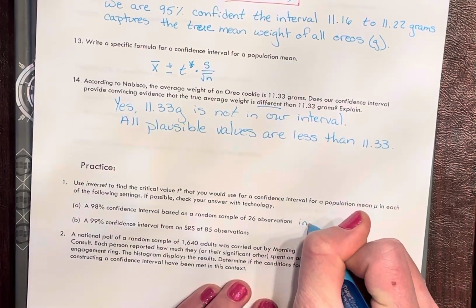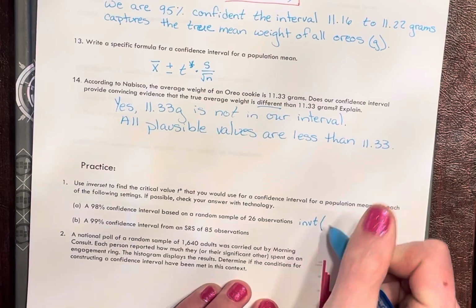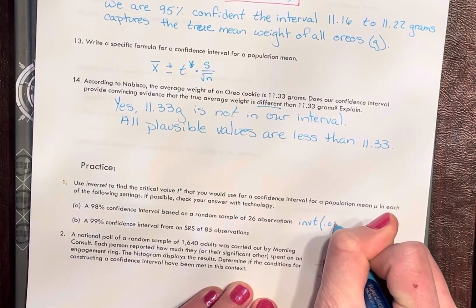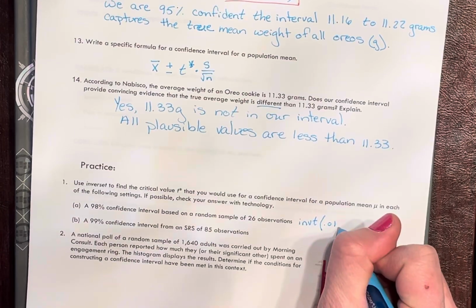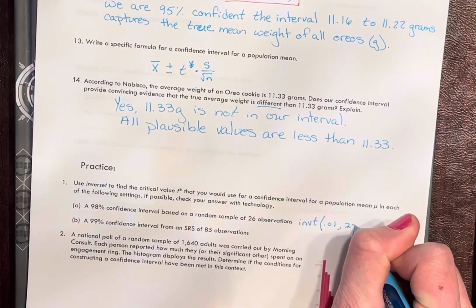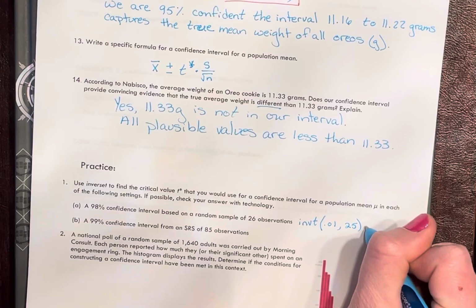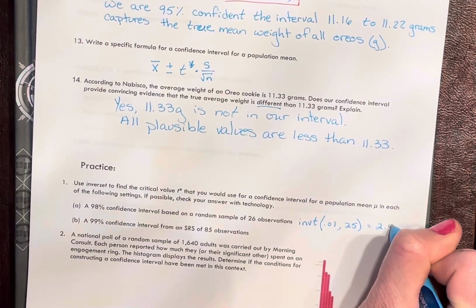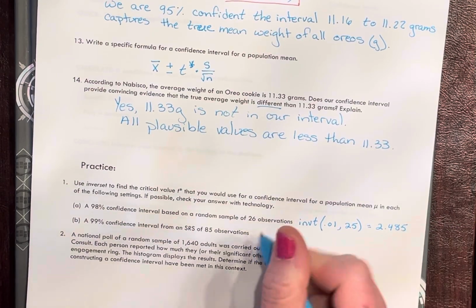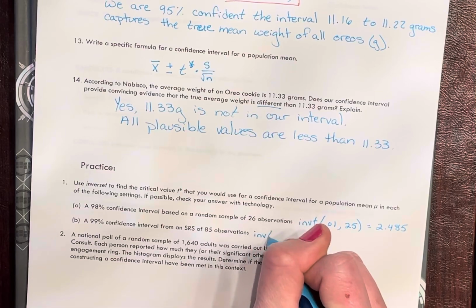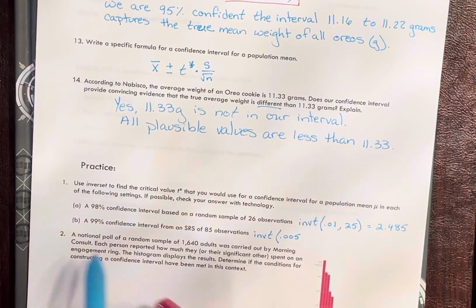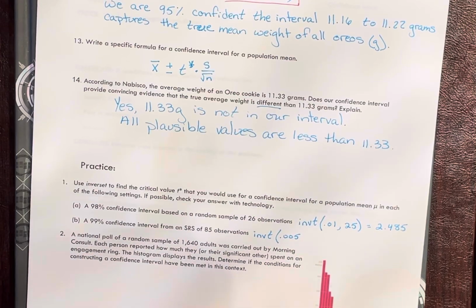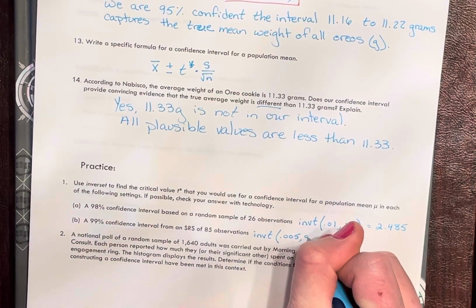If you did an inverse t, your area would be 0.01 because 98% is in the middle, so 1% in each tail. With 25 observations, that gives you 2.485. And here, if I did an inverse t, it would be on 0.005. 99% is in the middle, so 0.5% on either side, with 84.